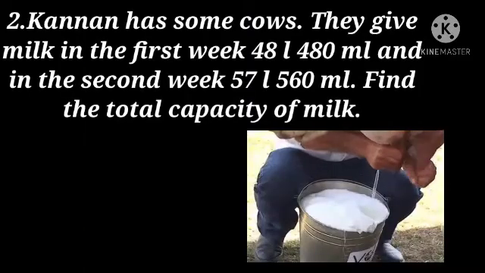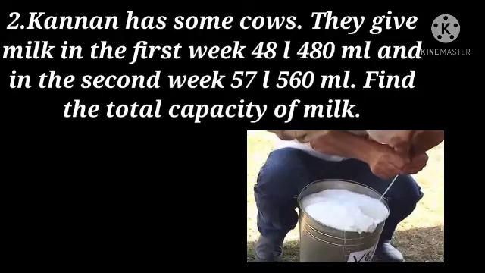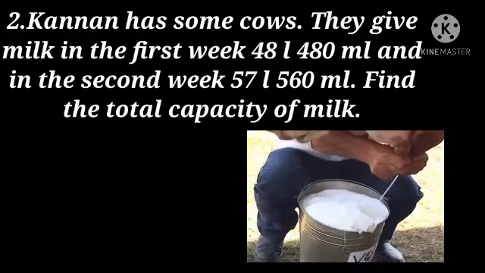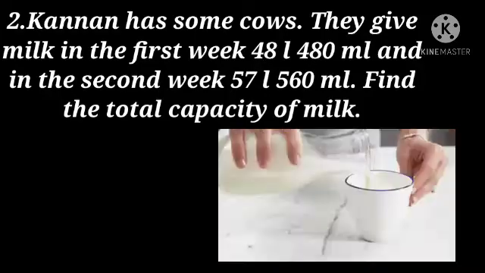Second problem. Kannan has some cows. They give milk in the first week 48 liters 480 milliliters, and in the second week 57 liters 530 milliliters. Find the total capacity of milk. Children, total. What does it mean? Yes, it is a keyword of addition.